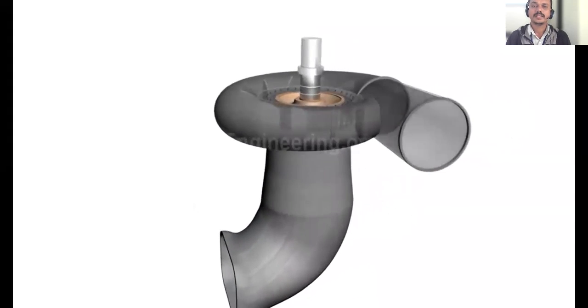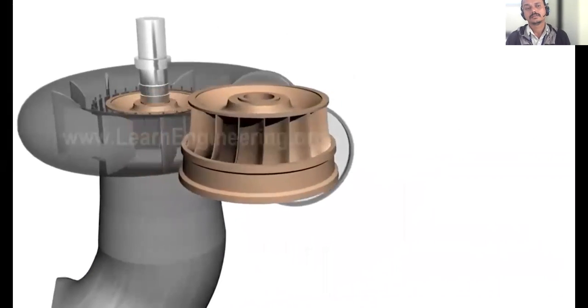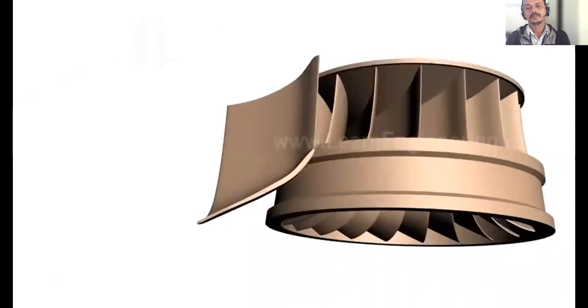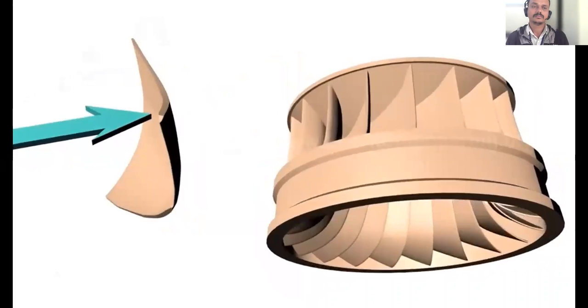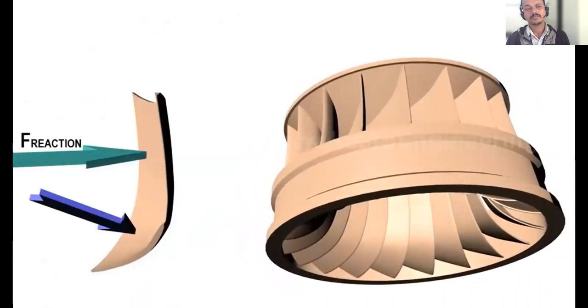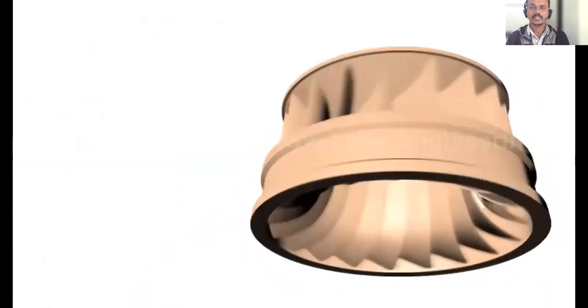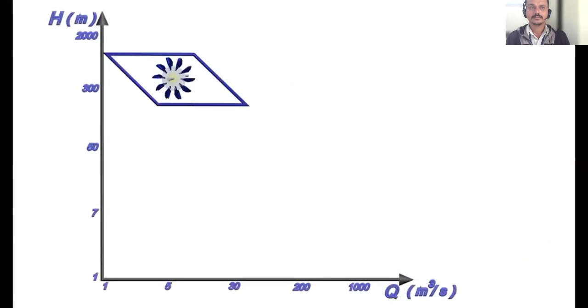This Francis turbine comes in between this Pelton turbine and the Kaplan turbine. So here we have both forces, both energies, pressure energy as well as kinetic energy. So reaction means force due to pressure energy.